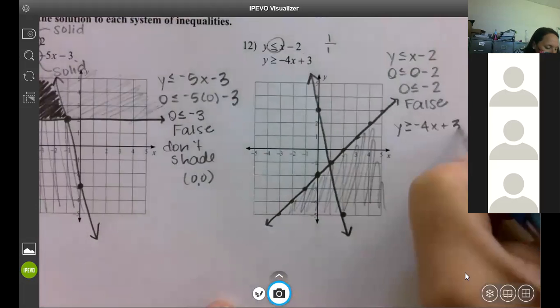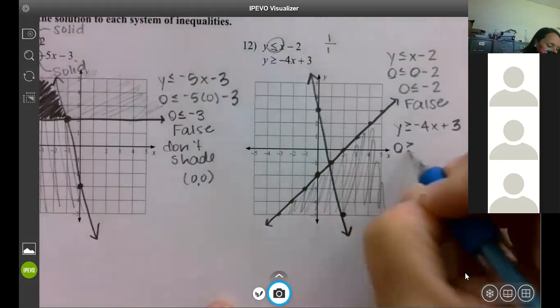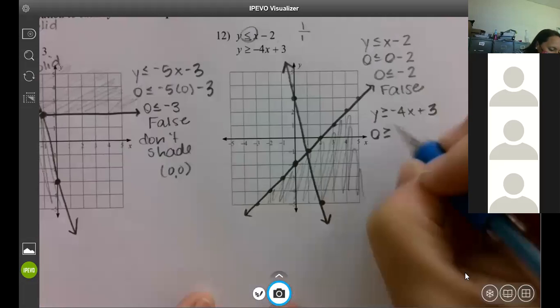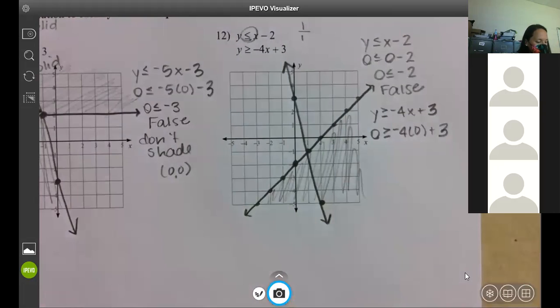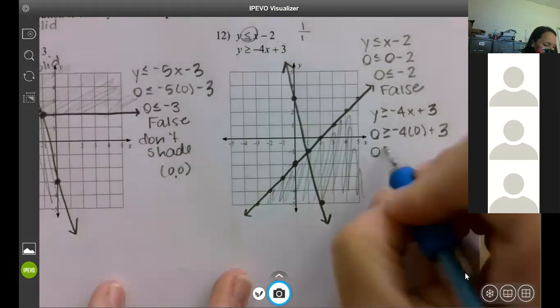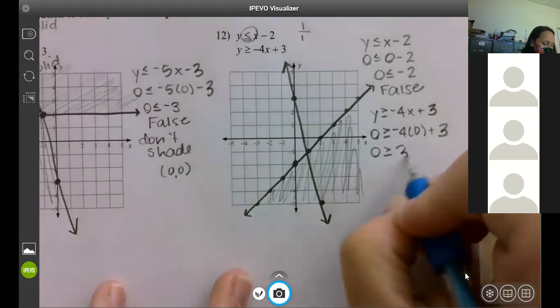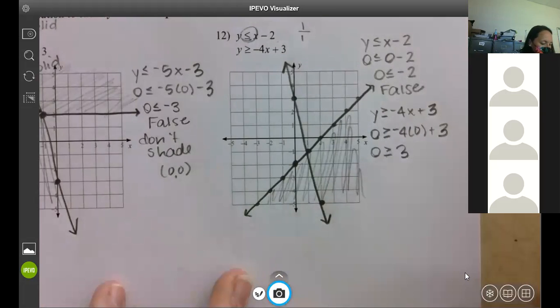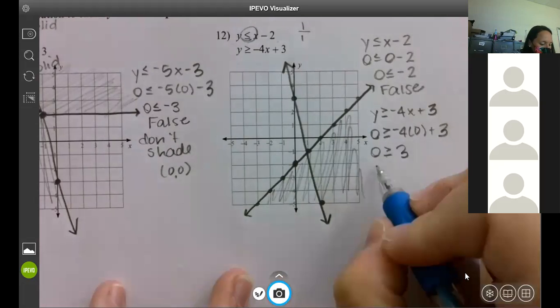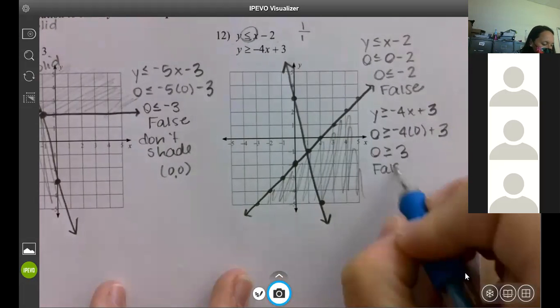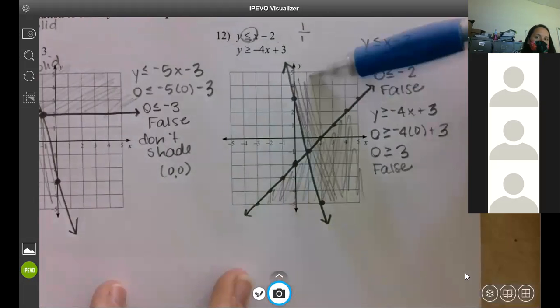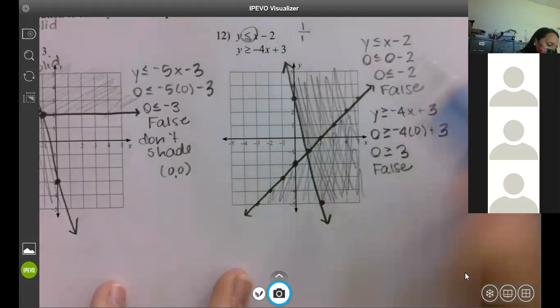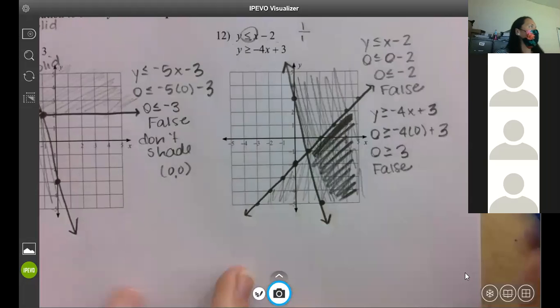So we're going to do 0 is greater than or equal to negative 4 times 0 plus 3. What is negative 4 times 0 plus 3? Is 0 greater than or equal to 3? No. So we shade the side without 0, 0, which would be this one. And then the point where they overlap is going to be your final answer.